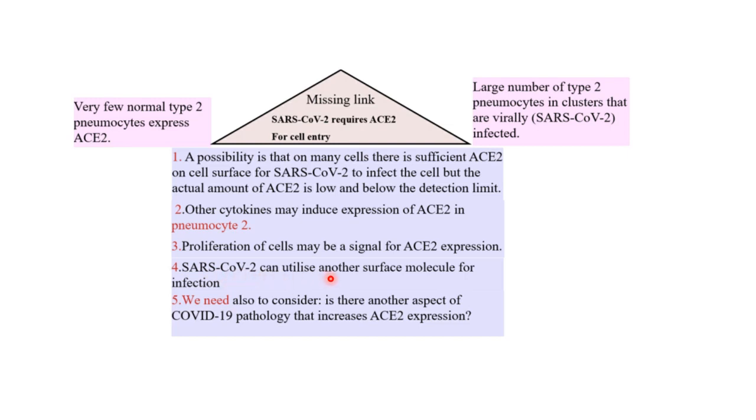SARS-CoV-2 can utilize another surface molecule for infection. We need also to consider, is there another aspect of COVID-19 pathology that increases ACE2 expression? So these are possibilities. All these are possibilities, nothing proven, but things that may be happening.